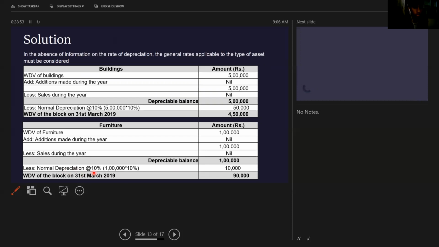Both buildings and furniture fall into the same category of block, but for a better understanding, I've made a separate column. So normal depreciation is at 10%. 1 lakh into 10% is 10,000. So the written down value of the block as on 31st March 2019 is 90,000. This will come in furniture.